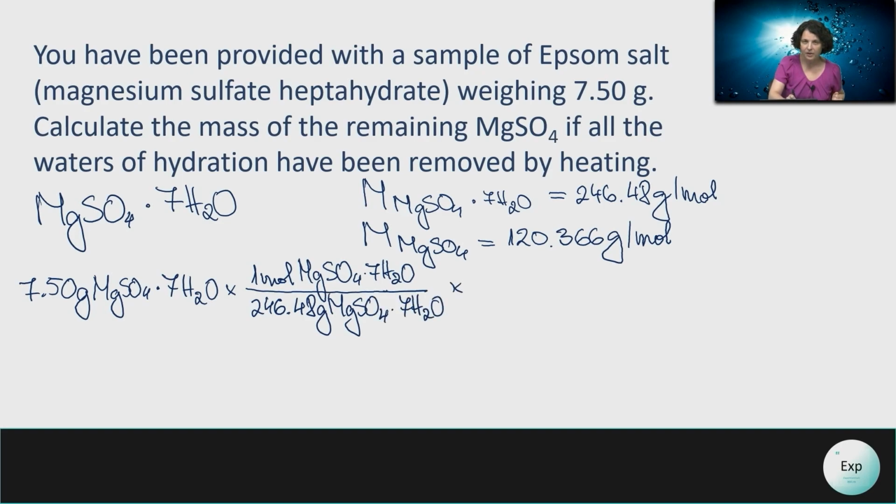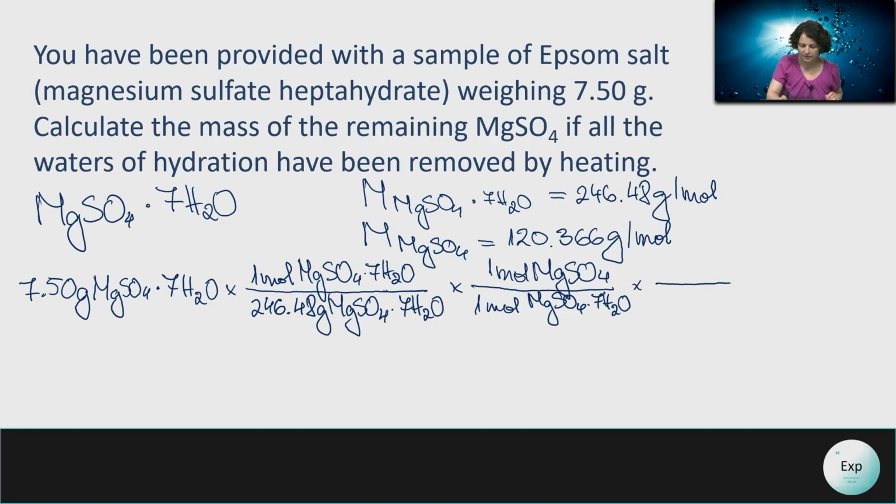Now that we have moles of our hydrate, in the next step, we're going to find the number of moles of magnesium sulfate that are in the Epsom salt. In every 1 mole of magnesium sulfate heptahydrate, we have 1 mole of magnesium sulfate.